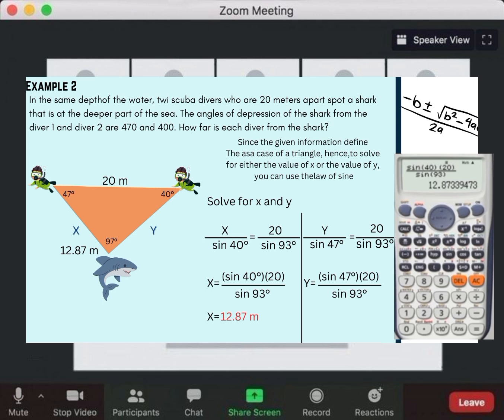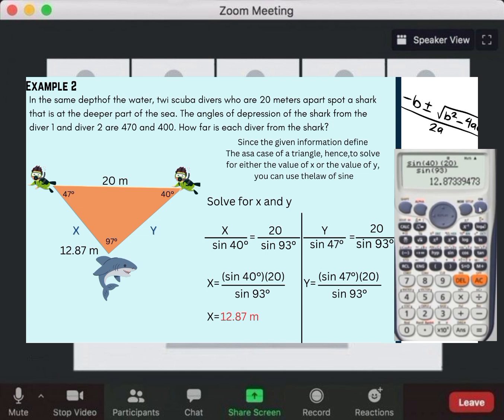So let us solve. Click sine 47 degrees times 20, down, sine 93. Then equals, the answer is 14.65 meters. So y equals 14.65 meters. So the distance between diver 2 and the shark is 14.65 meters.